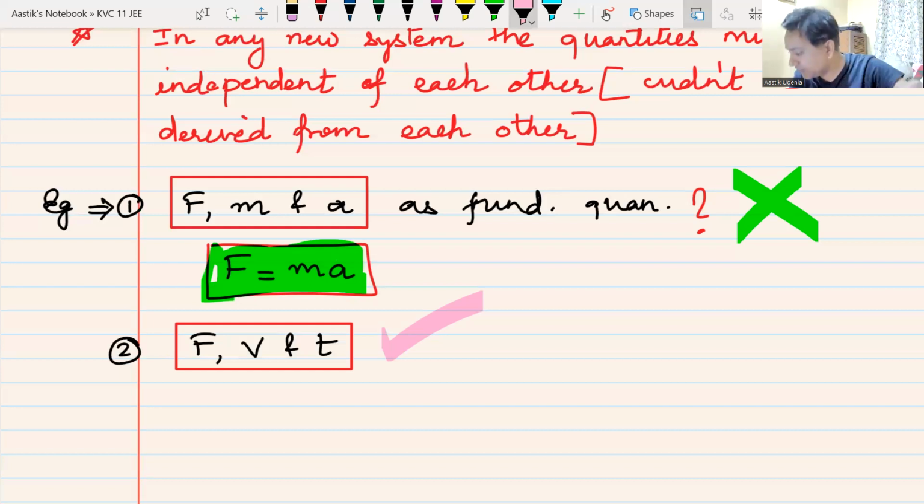So these three can make a new fundamental system. Is this point clear to everyone? Point number 1. In any new system, whatever quantities are chosen as fundamental quantities, they must be independent of each other. We should not be able to derive any quantity from the other two.